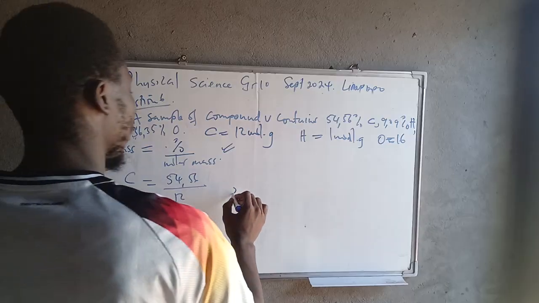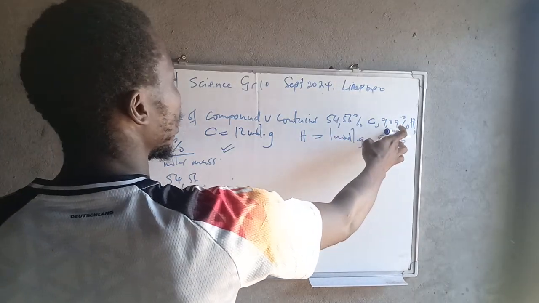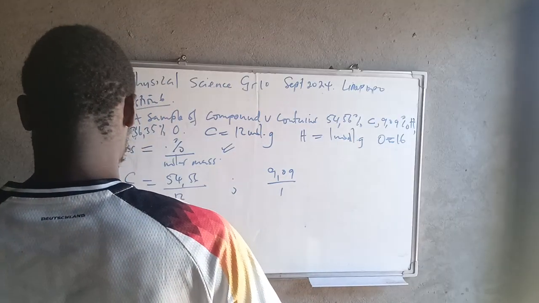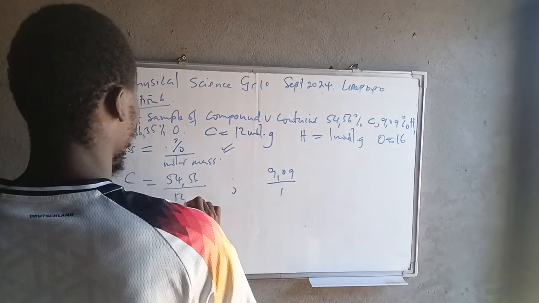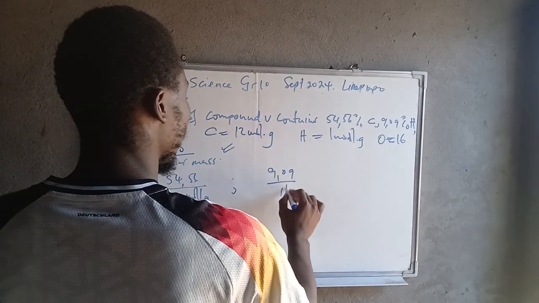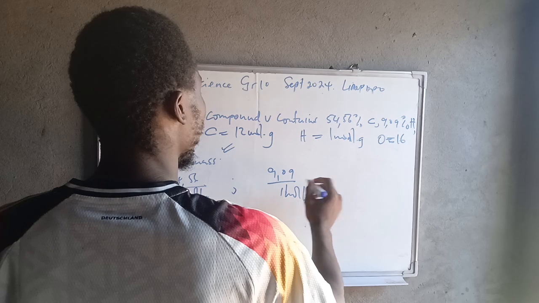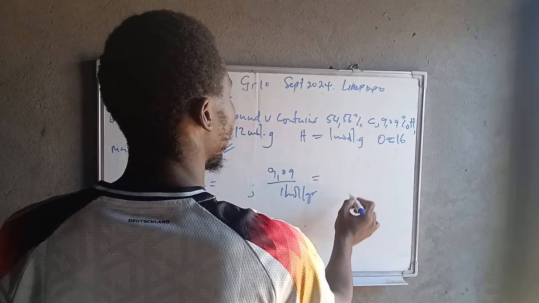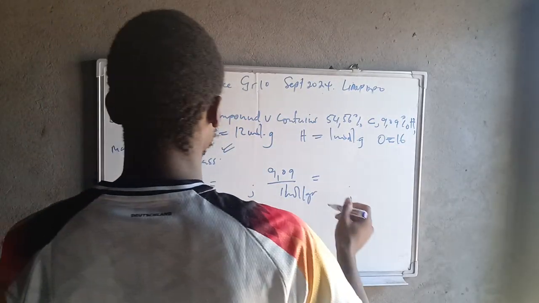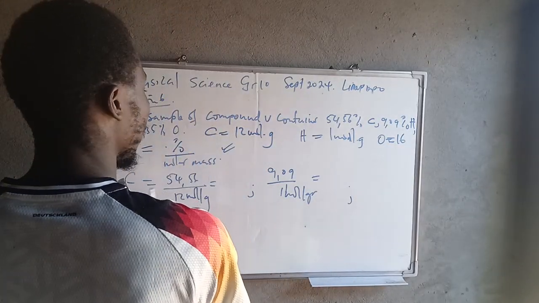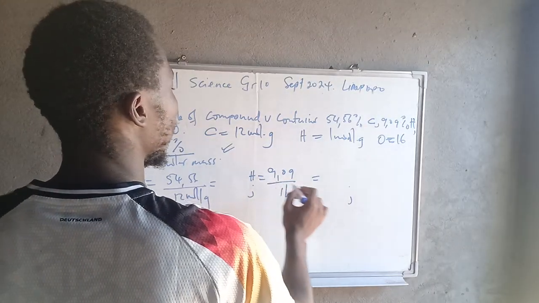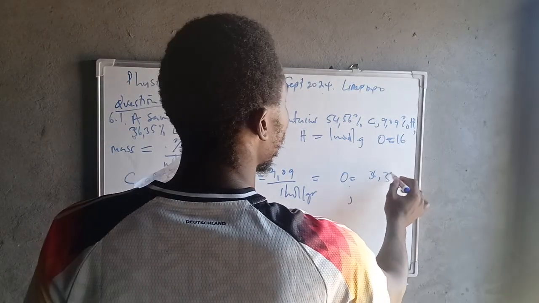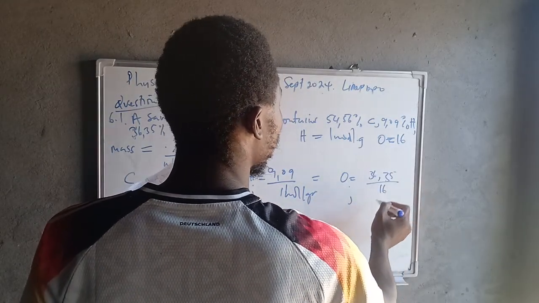Then let's go to hydrogen. For hydrogen we're saying 9.09 over 1, so 1 gram per mole, then equals, and we leave some space for the calculator. Then oxygen is 36.35 over the molar mass, which is 16.